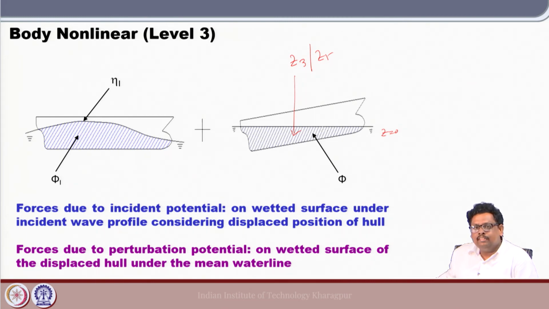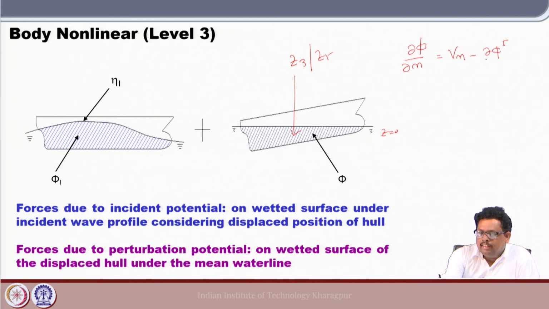Here, I just write down the body boundary condition, which is del phi by del n equal to V n minus del phi I by del n, and this must apply at z equal to 0, otherwise I cannot use Green's identity, I cannot use Green's theorem.